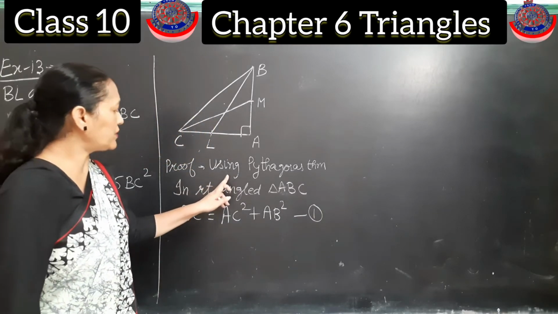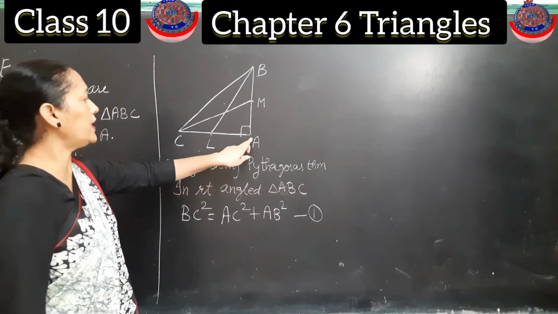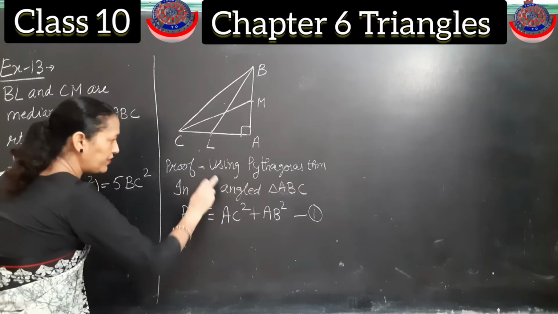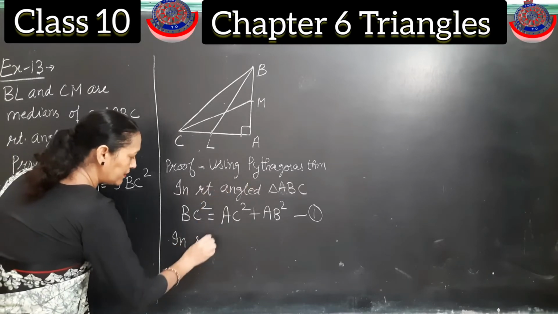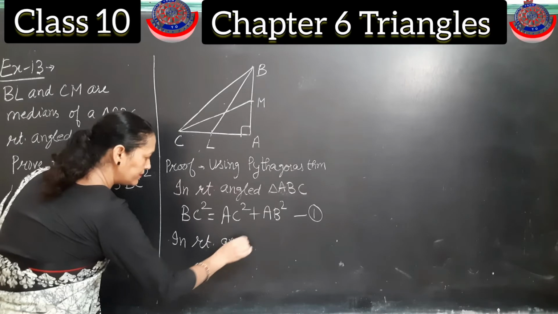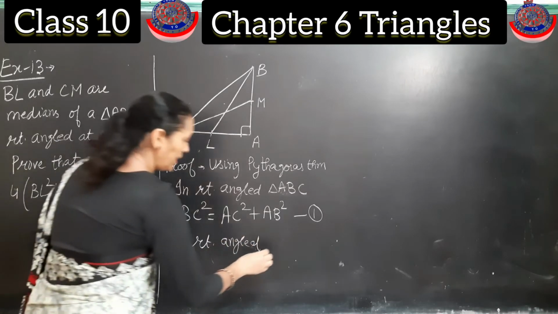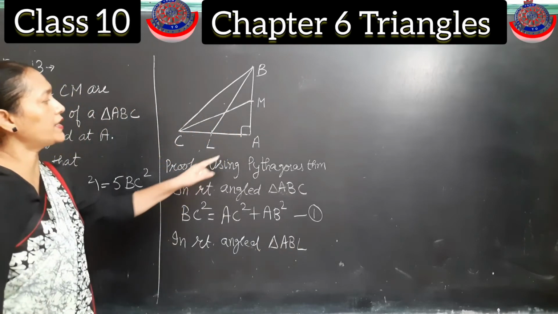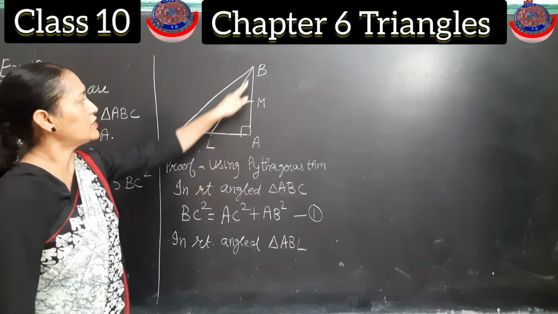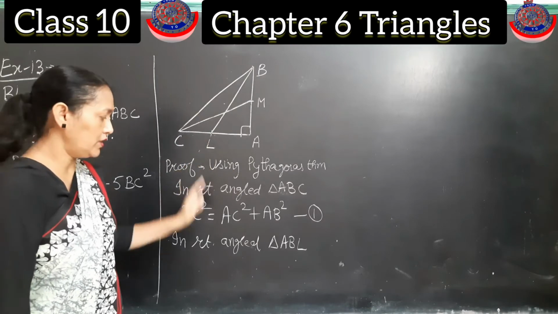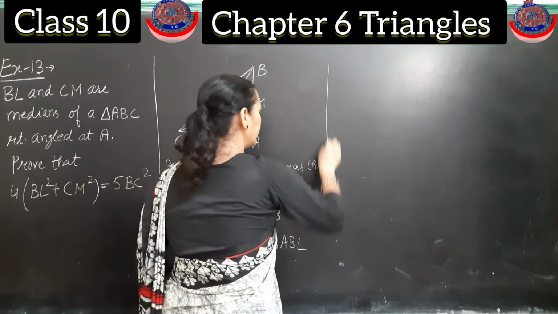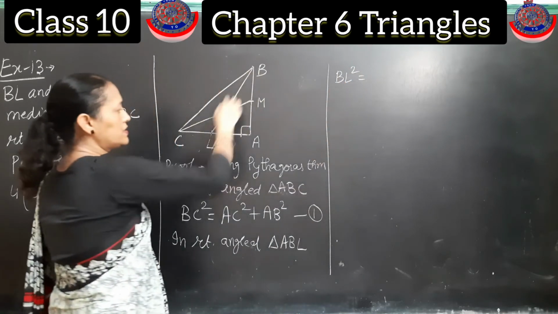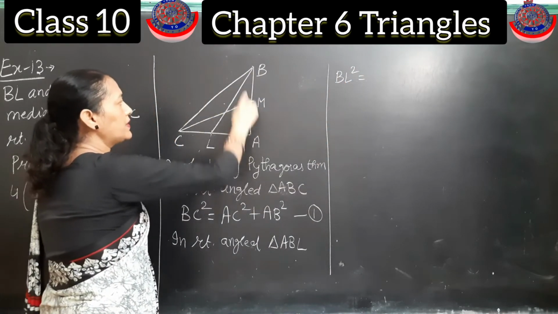Now applying Pythagoras theorem in triangle ABL. In this right angle triangle ABL, this is 90, so BL will be the hypotenuse, so the result we get is BL square is equal to AL square plus AB square.